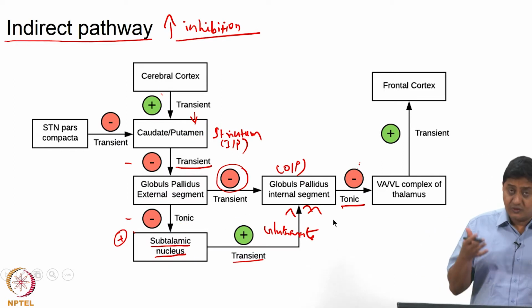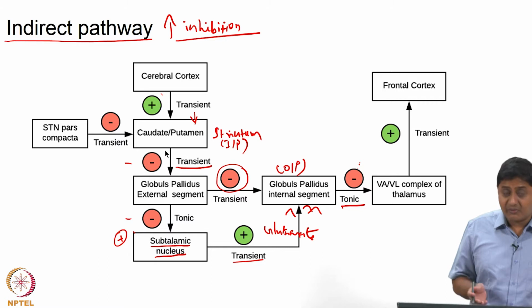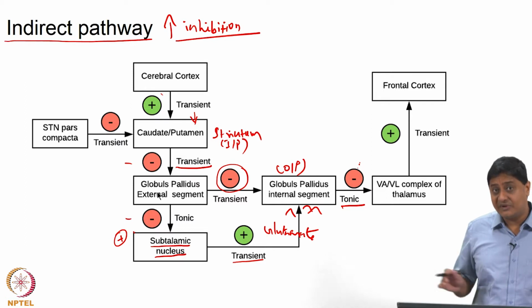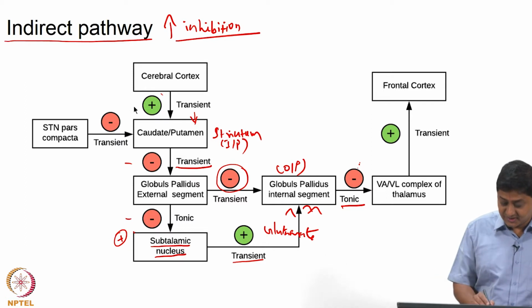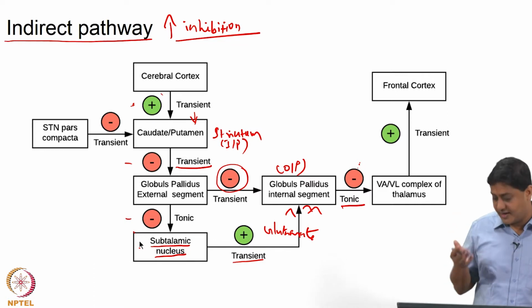Why? So, the increased excitation level provided by the cerebral cortex increases the probability that the striatum is going to inhibit the GPE neurons, and the GPE neurons themselves are already inhibiting the subthalamic nucleus neurons. So, there is 1 plus and 2 minuses, essentially making the probability that the subthalamic nucleus is going to get excited go higher, right.